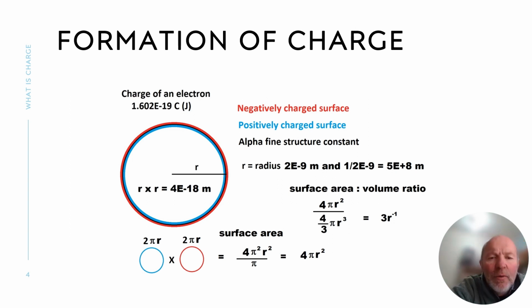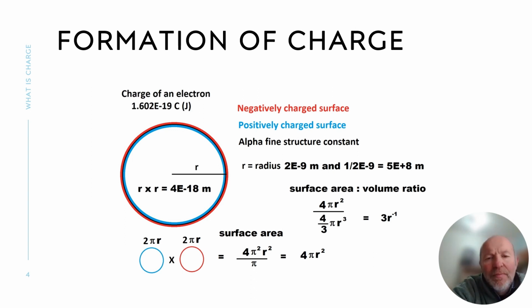So how do we form charge? With the idea that there's baryonic symmetry, so the formation of matter and antimatter in identical amounts in the universe. So here the idea is we have both the electron and the positron being formed simultaneously from a zero state field, and we'll get to that at a later date as well.